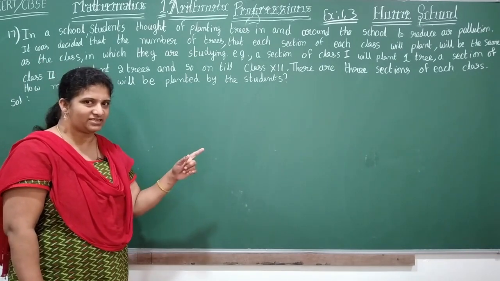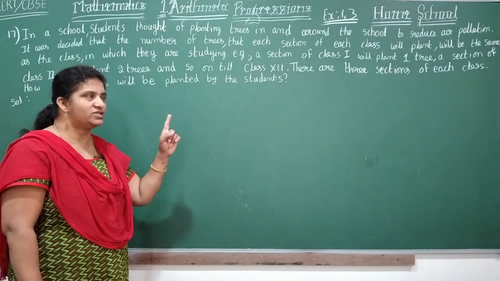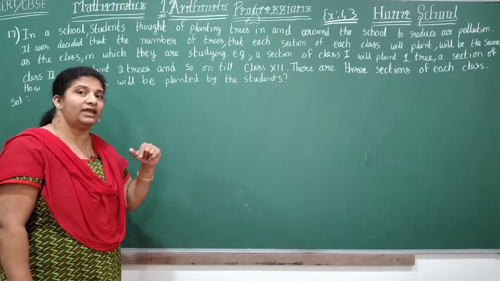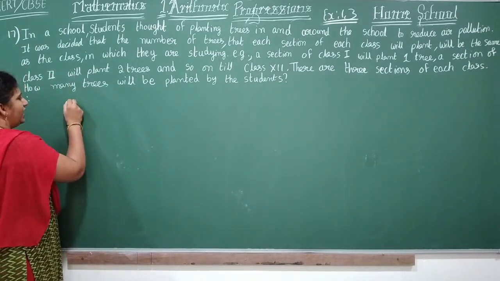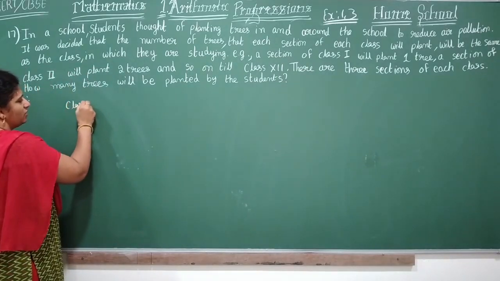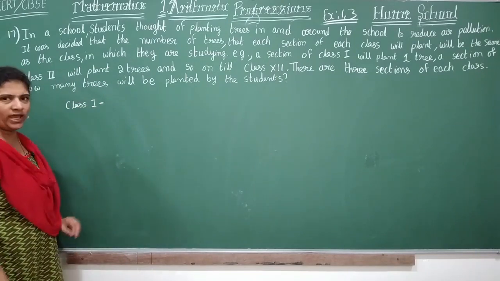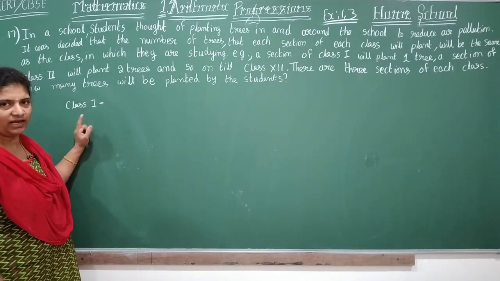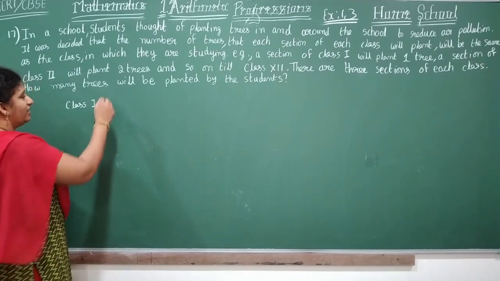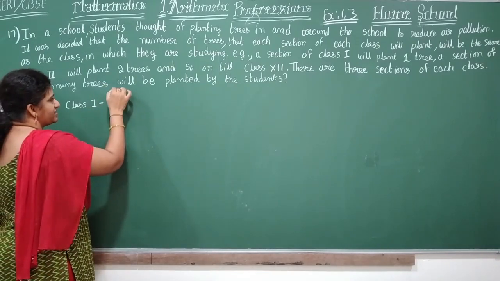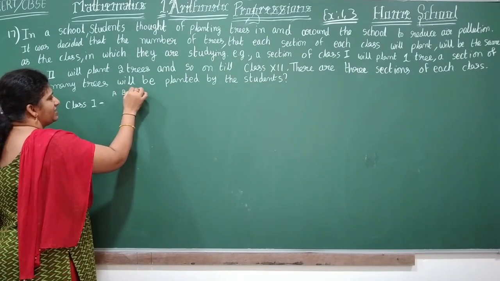Okay, is this clear, children? Each section is not only one room. Again it is classified into 3 subsections. So let me see here, class 1. How many plants do they need to plant? Class 1, 1 plant. But how many sections are there here? There are 3 sections, suppose A, B, C sections.